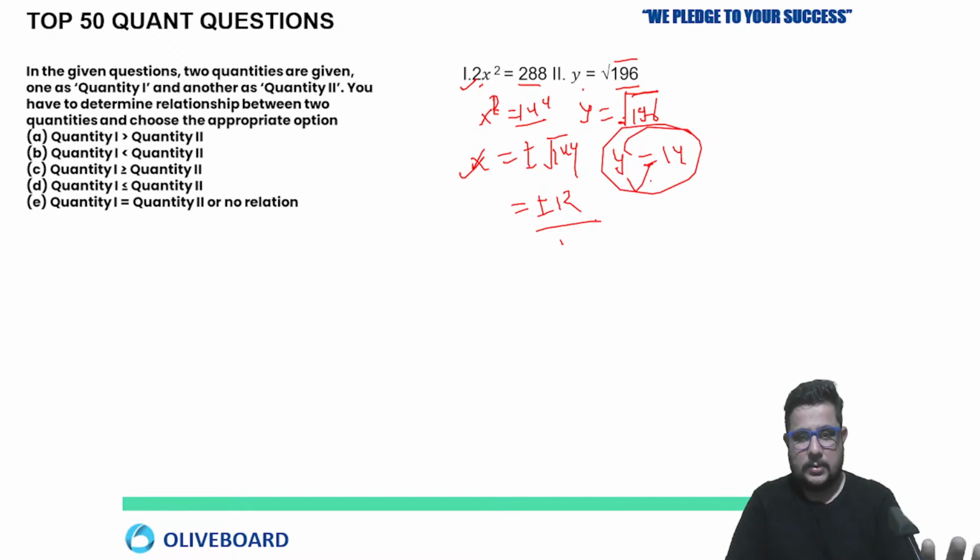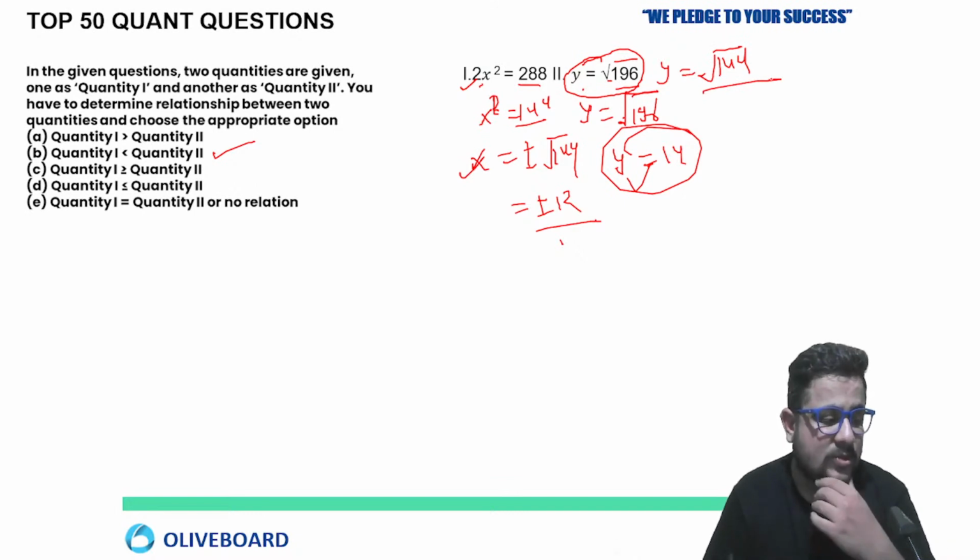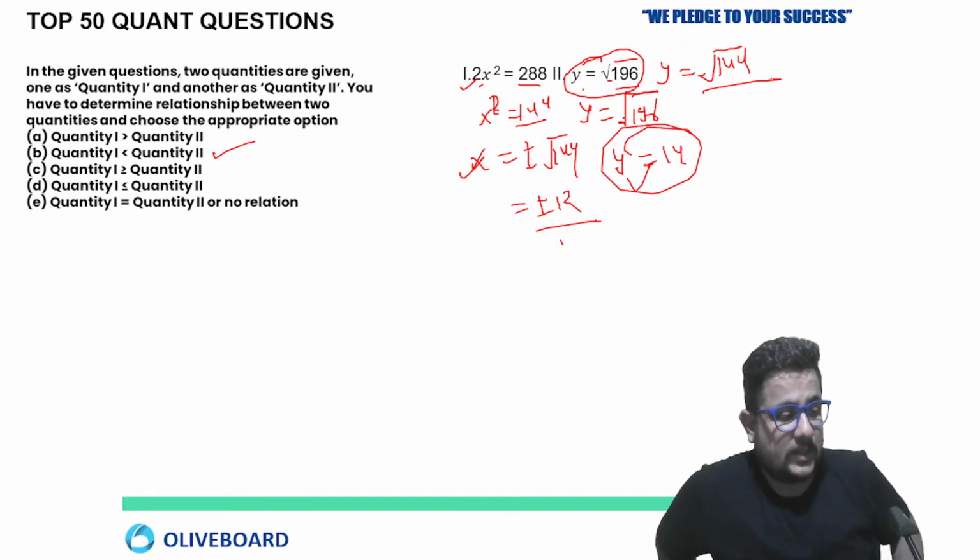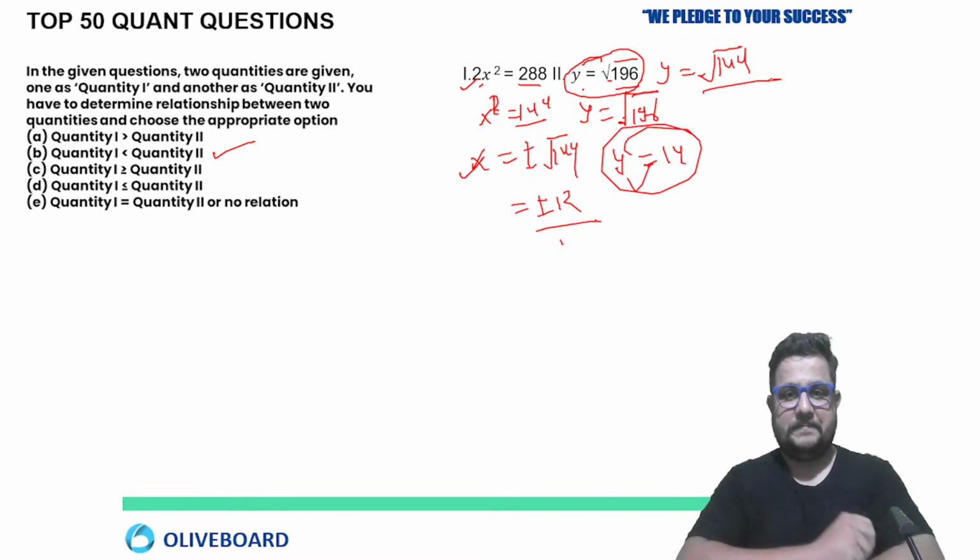So B is going to be your answer here. Clear? But suppose I had given you y equal to square root 144. In this situation, tell me the answer, then we will switch to the next question now. Tell me the answer fast.